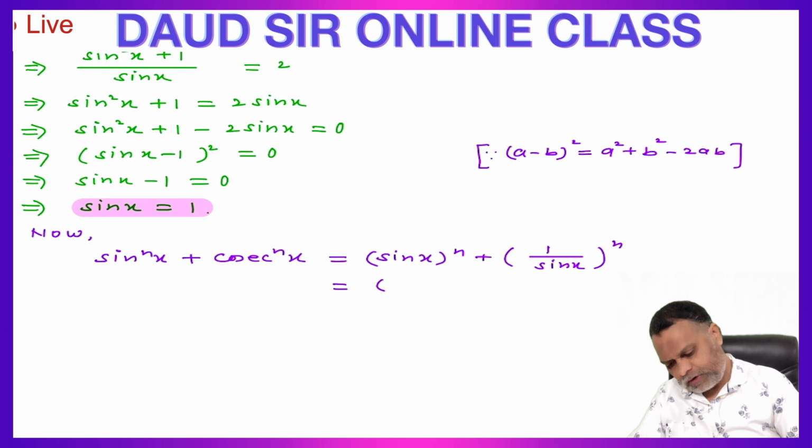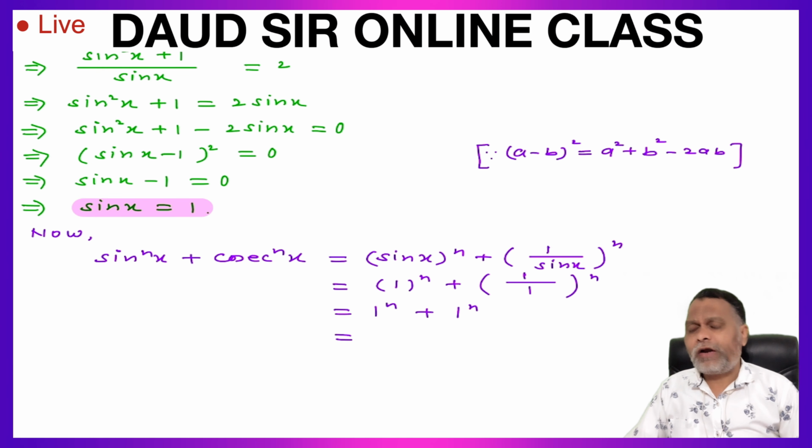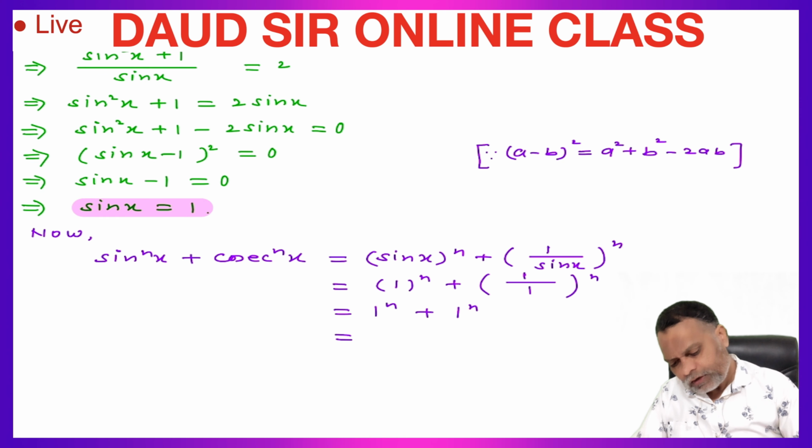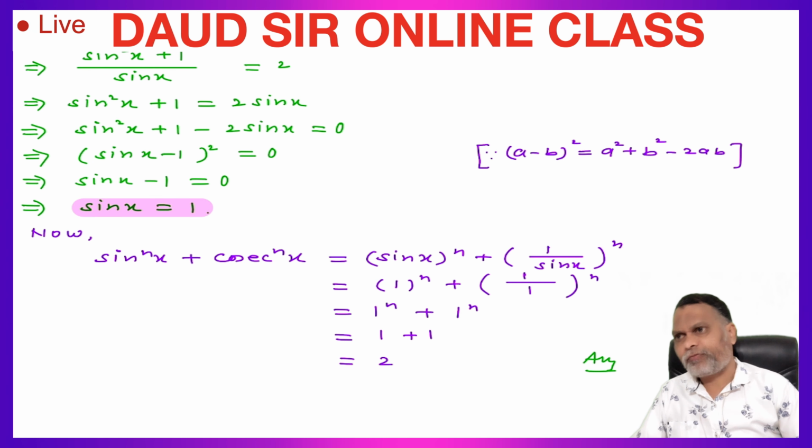So this is equal to 1 raised to the power n plus 1 upon sin x, where sin x is equal to 1, whole raised to the power n. So this is 1 raised to n plus this is also 1 raised to n. You know, for any power of 1, it will remain 1 only. So 1 raised to the power n is 1 and 1 raised to the power n is also 1. 1 plus 1, 2. So this is the required value of sin raised to the power nx plus cosec raised to the power nx.